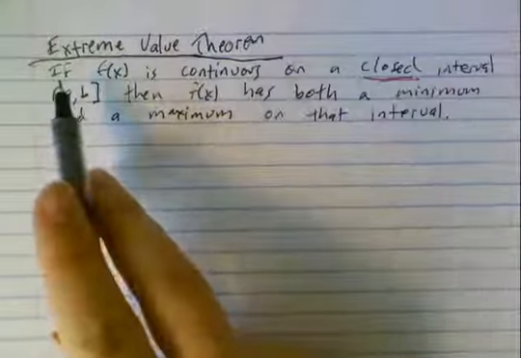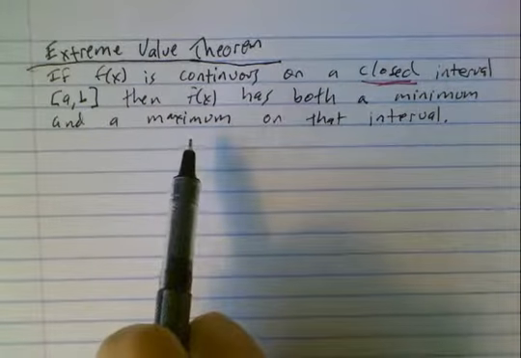This is why it's called the extreme value theorem, minimum being the lowest point, maximum being the highest point.